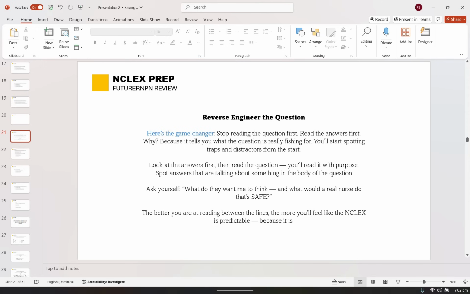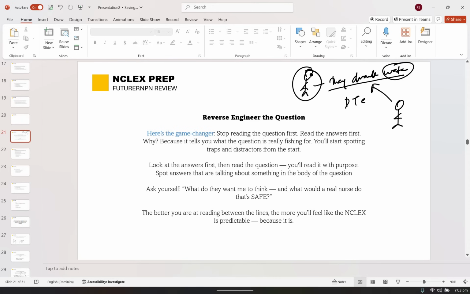Now, let me give you an example. If someone tells you that they drank water, you are the nurse paying attention to this statement. Can you tell the reason why this patient had water recently? Obviously, you can. Maybe they are dehydrated, they were thirsty, maybe after eating they had to drink water, or maybe they were taking their medication.